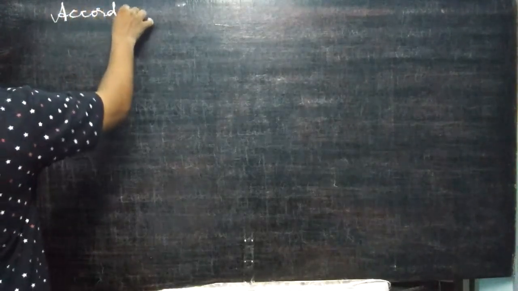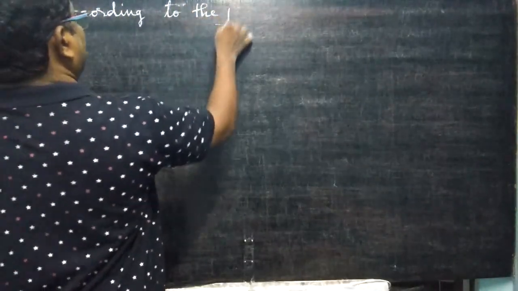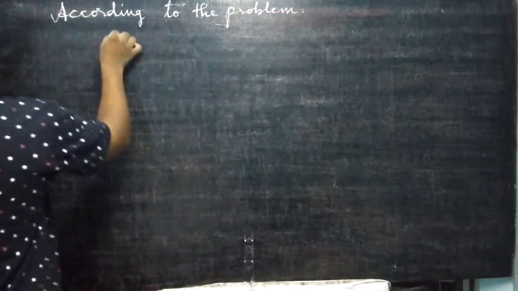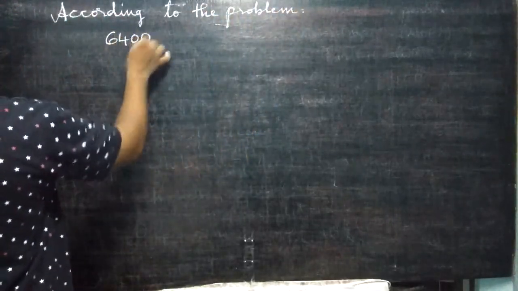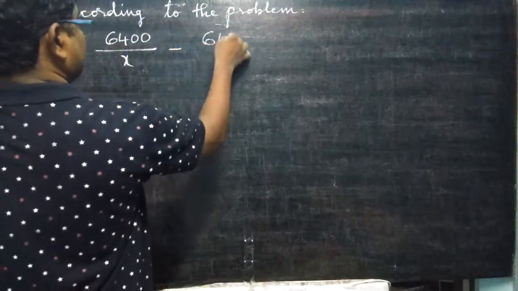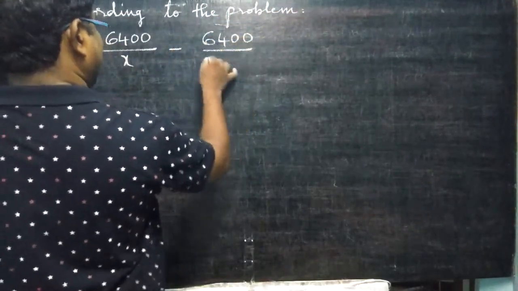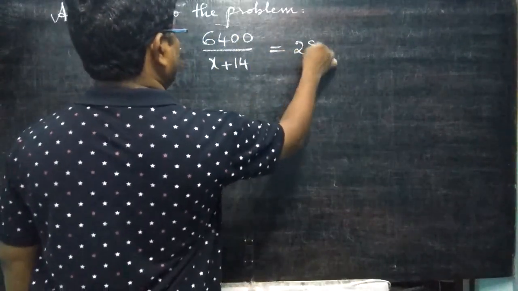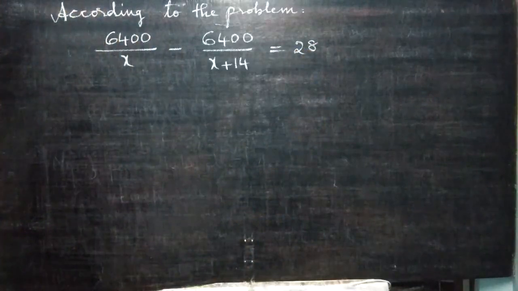According to the problem, 6,400 by x minus 6,400 by x plus 14. How much difference came? 28 rupees difference came.